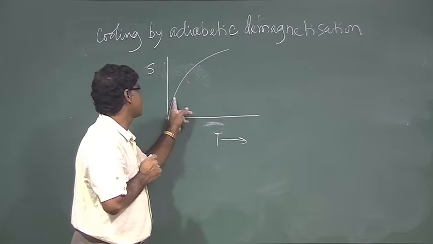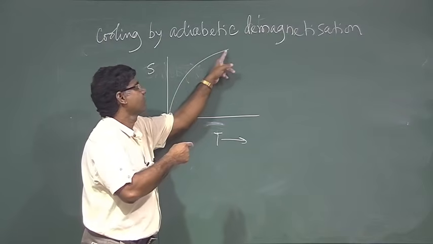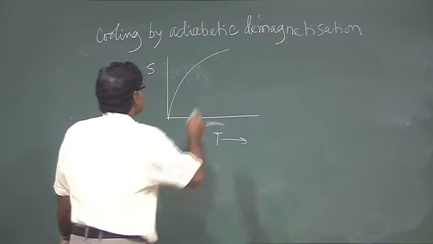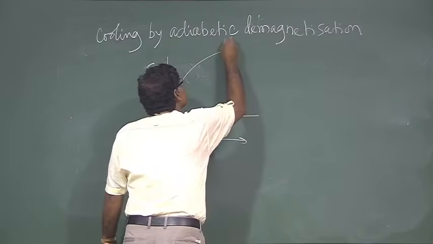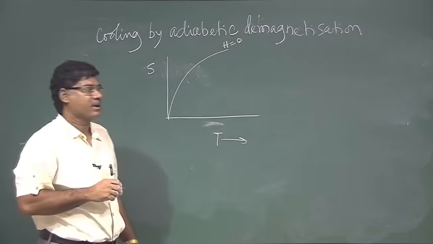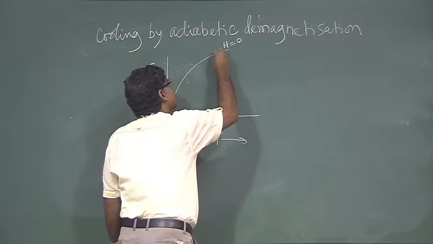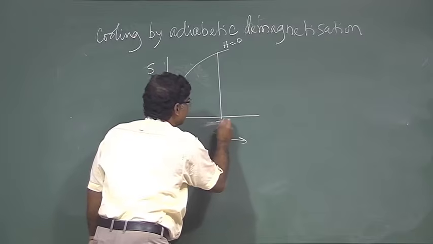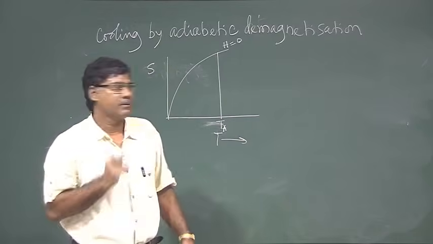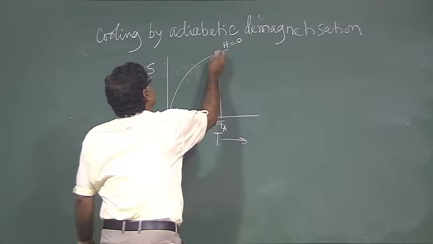So, it is disordered, entropy is increasing and entropy is becoming highest, right. Now, this curve is for without applying magnetic field. Now, take a point here at temperature, say, Ta. At this point, what is the entropy?